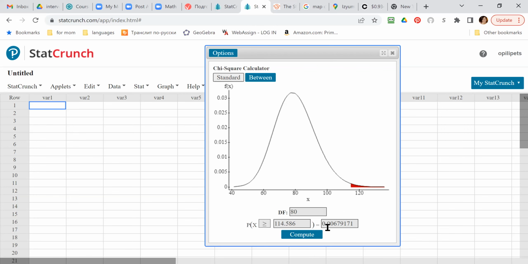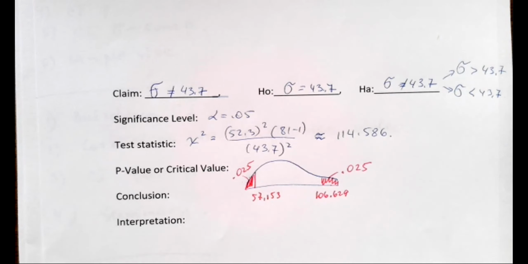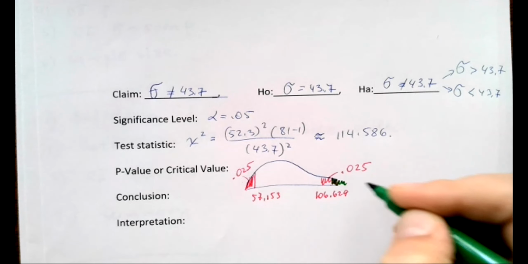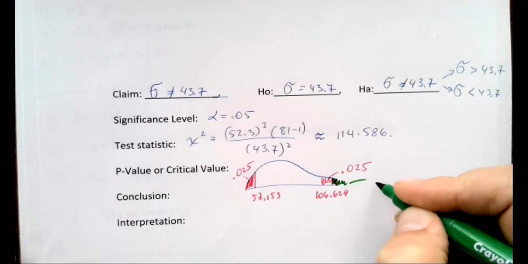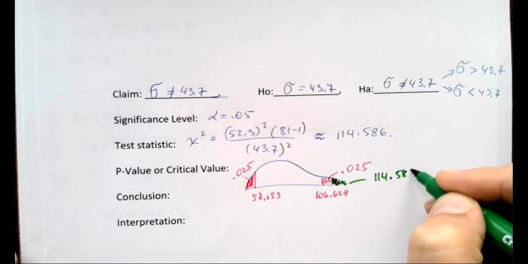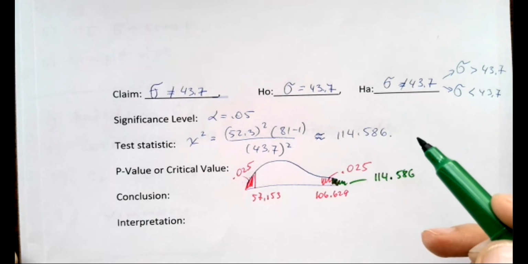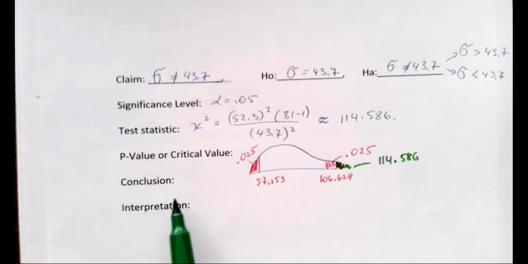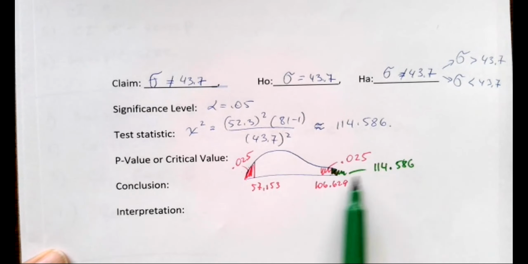So the area there is 0.006. So this p-value right here corresponds to 114.586.